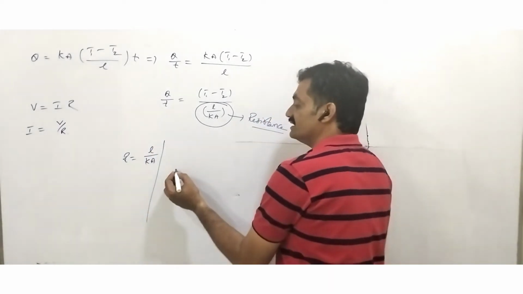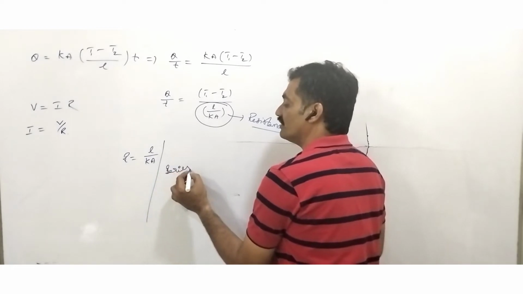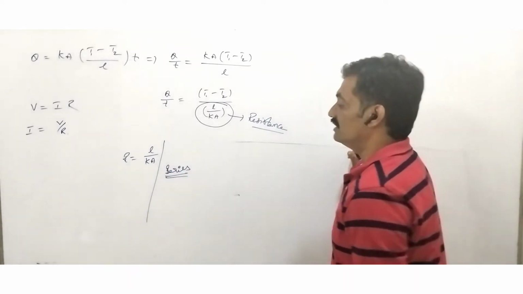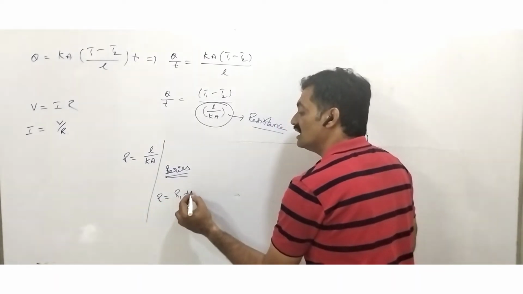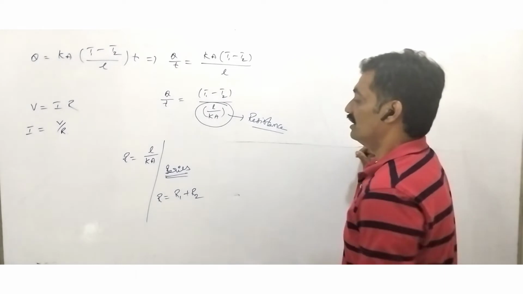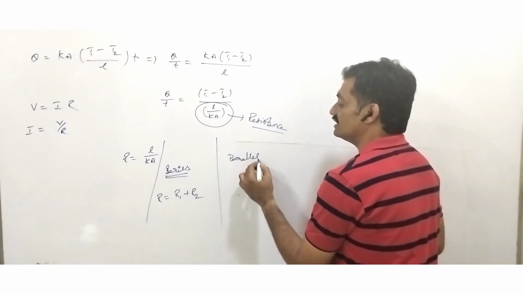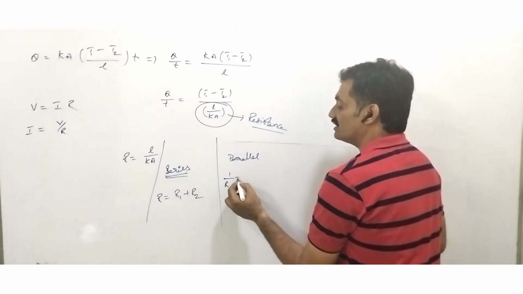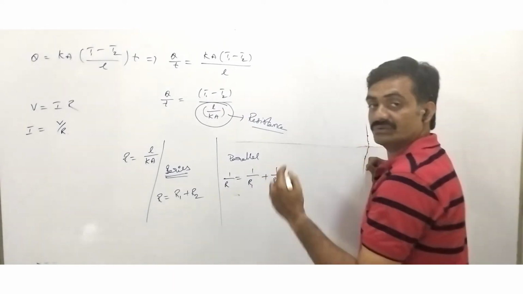When we consider a series combination of conductors, the equivalent resistance is given as R equals R1 plus R2. Whereas for a parallel combination of resistors, 1 by R equals 1 by R1 plus 1 by R2.